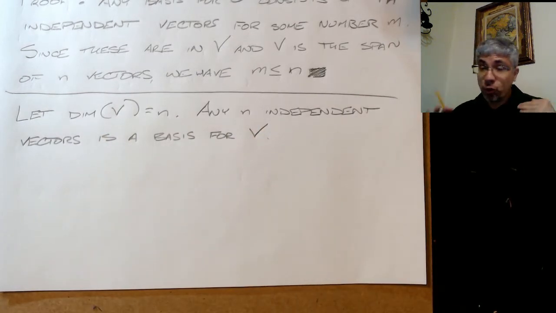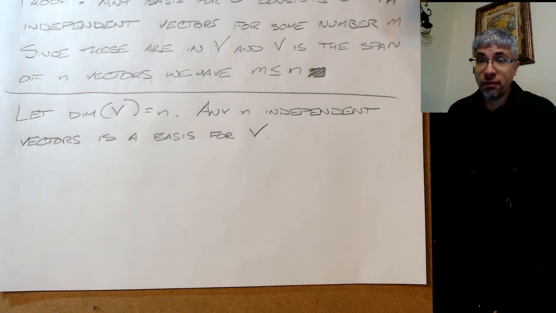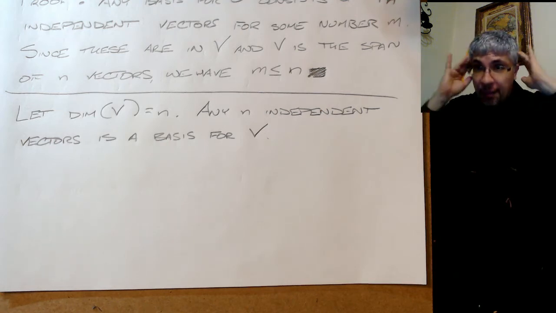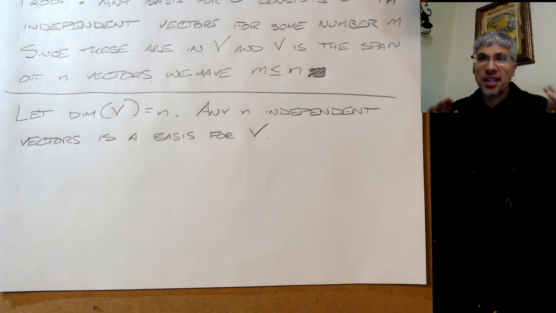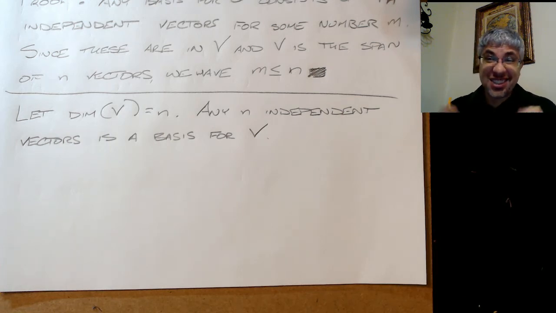It means that we have n vectors which span V, and those n vectors are independent. So we have one collection we're thinking about, of n vectors. They're independent, they span V. What this is saying is any collection of independent vectors that we pick, as long as they're independent and they're the same number, they will form a basis.